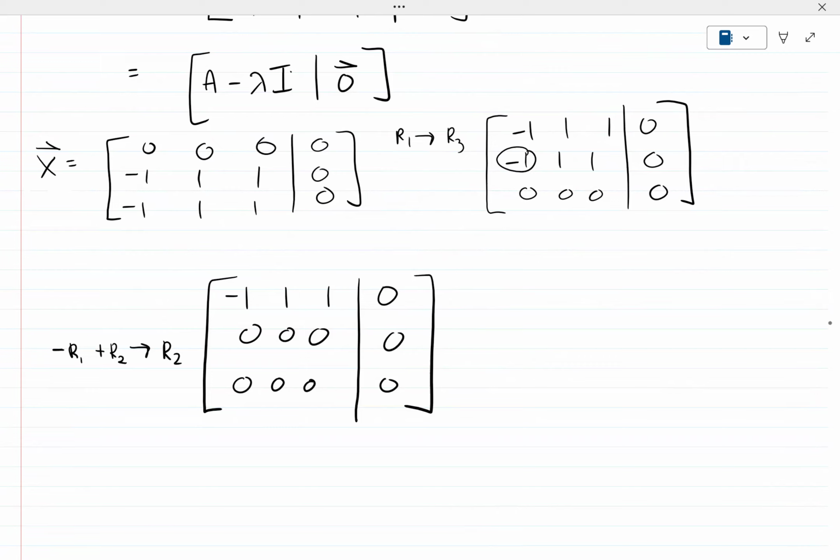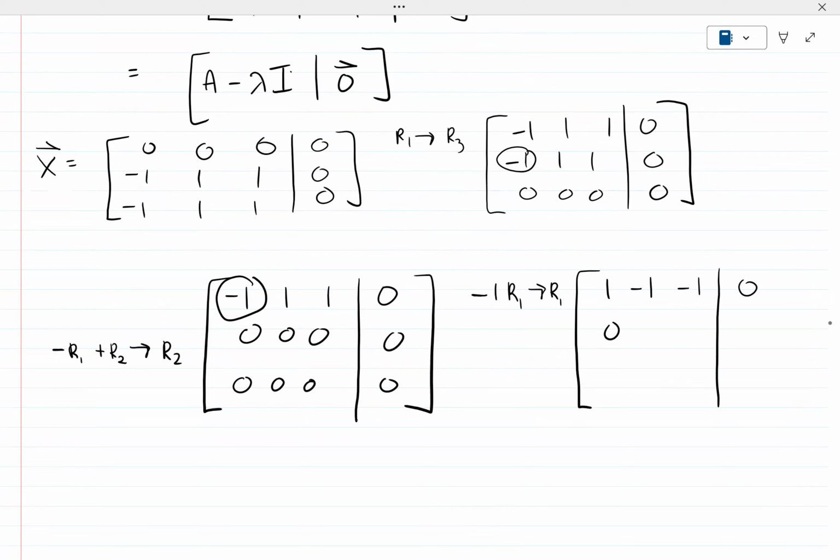Now I have to make this negative 1 a positive 1, right? So I'm going to multiply the entire row 1 by the scalar negative 1. And that gives me this: 1, negative 1, negative 0.